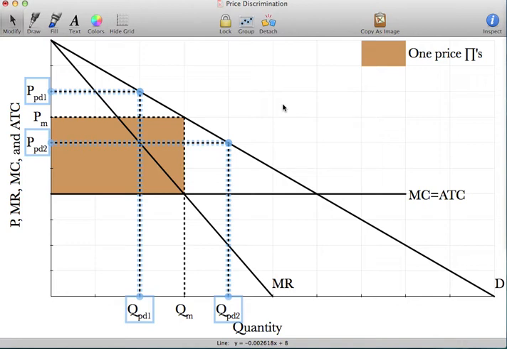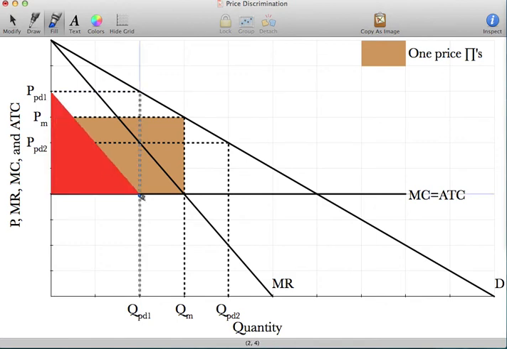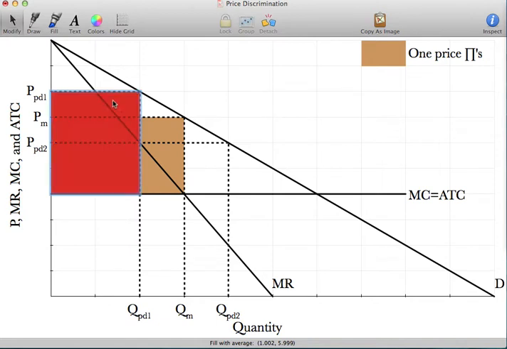Let's take a look at what the profits are for these two distinct groups. So let me highlight these particular areas, and let me pick another color. Here is going to be the profits that the monopolist makes from the group that it's identified as willing to pay the higher price. So they pay that price PD1, and there's an associated quantity QPD1.